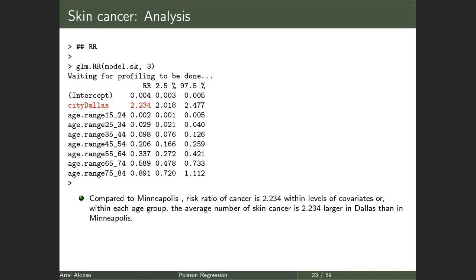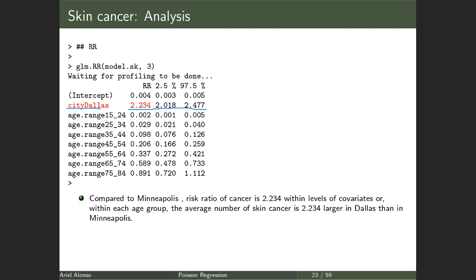If you look at the coefficient here and you exponentiate the coefficient of city, then you get this value over here. This is the exponent of the coefficient of city, and here you have the confidence interval. How should we interpret that? Well, this is the dummy variable for Dallas. What does this coefficient mean?